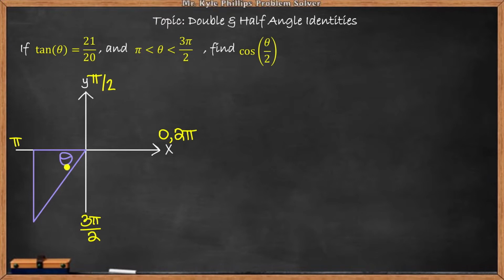Now, we use this with the trig ratio they gave us. Tangent of theta is 21 over 20. This is very helpful because tangent is the opposite leg over the adjacent leg. So looking at my reference angle, the opposite leg is going to be 21, and the adjacent leg is going to be 20.